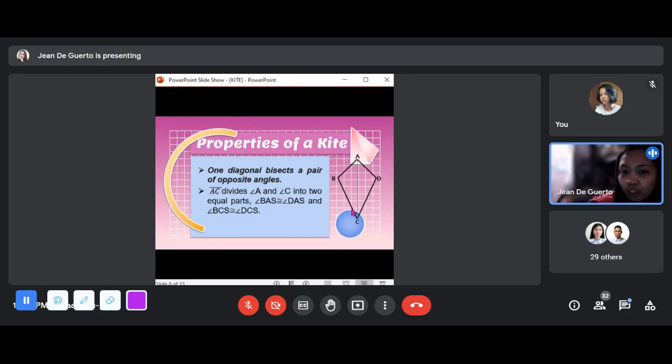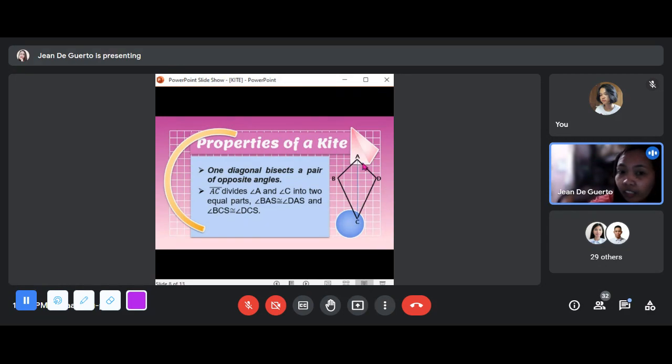Why did it become 40? We simply divide angle C by 2. Why? Because segment AC is an angle bisector based on this property that one of the diagonals bisects a pair of opposite angles. As I said earlier, the diagonal being referred to is actually the symmetry line. So though the vertex angles are not congruent, if you draw the symmetry line, the pairs of angles that you have formed would be congruent to one another.